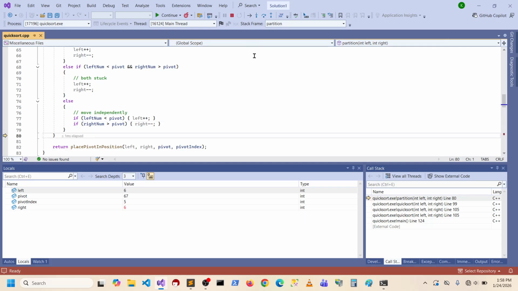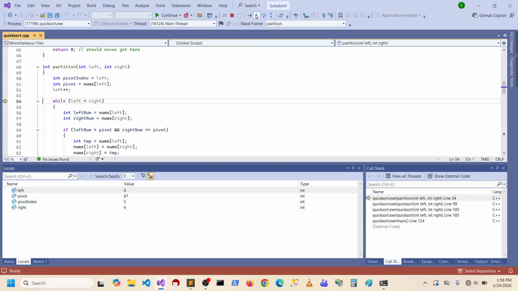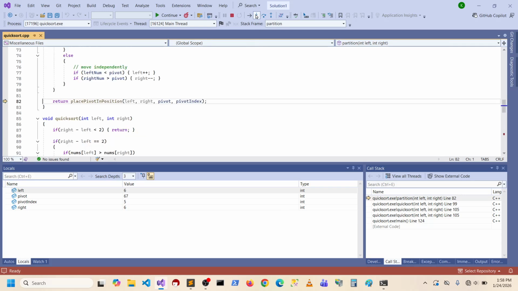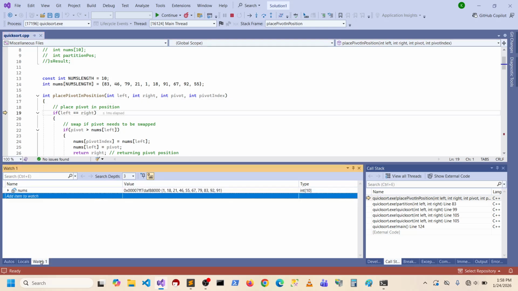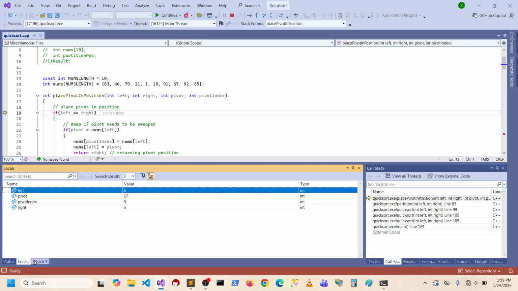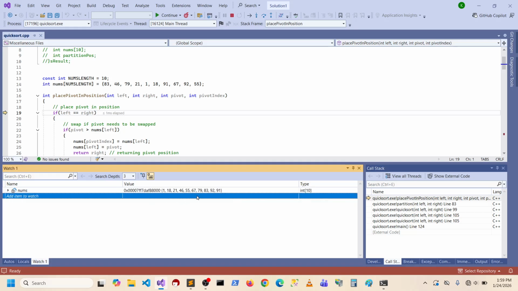So now they're even. And they're both at 6, which is 79.